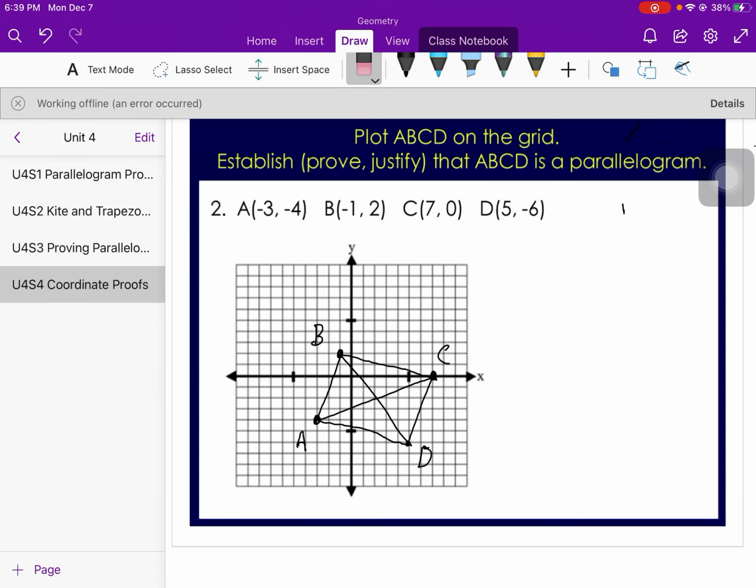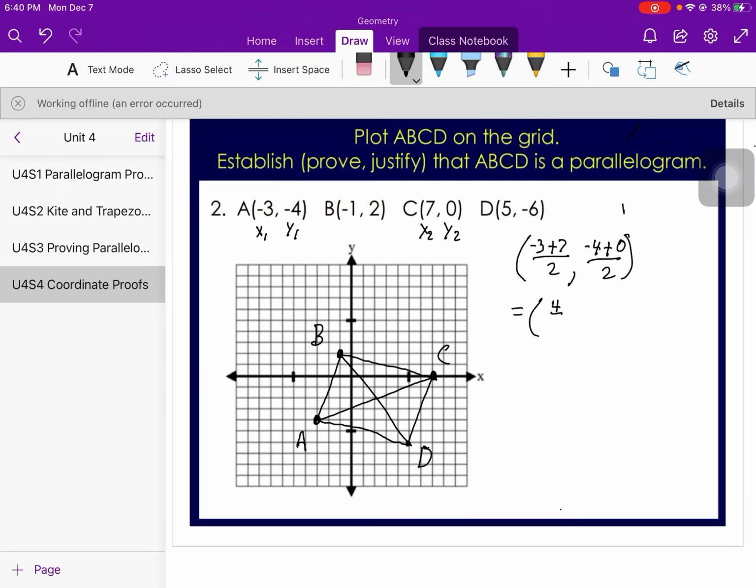Okay, so the first one here. We want to start with A and C. So this is going to be our x1, y1. This is going to be our x2, y2. So the midpoint is going to be the average of the x's, negative 3 plus 7 divided by 2, and the average of the y's, negative 4 plus 0 divided by 2.